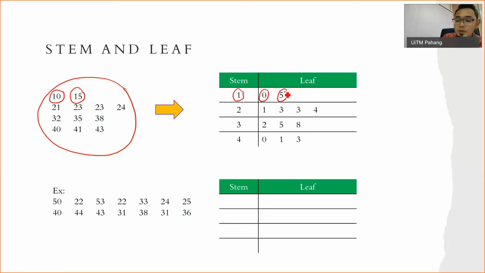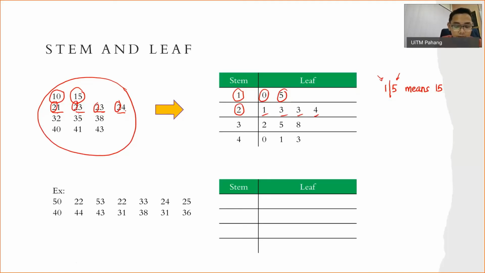So you should have the indicator saying that, let's say if it is like this, this is the stem and this is the leaf, means 15. You do for 21, 22, 23, 23, 24, so 2 is the main number in front here, and that 1, 3, 3, 4 are on the leaf, right? So that's what it means by stem and leaf.